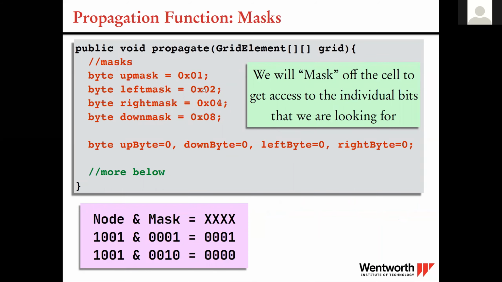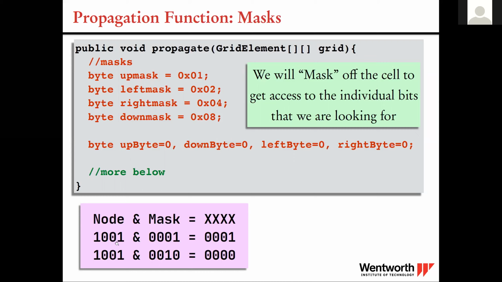The masks I've written here in hex, and they represent what we're looking for. The up mask, for instance, is a 1. That represents D. So when we look up, we're trying to find if there's a D. The mask is used on the actual cell above us.